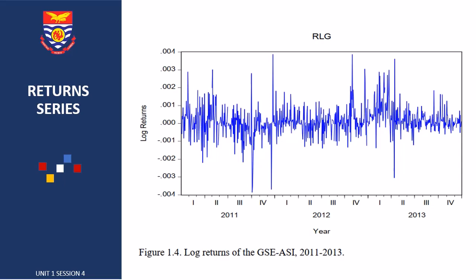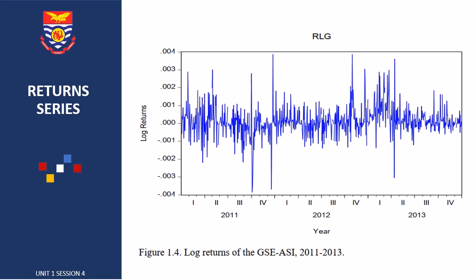So figure 1.4, as we have here, has to do with the return series of RLG. The returns start from 2011 and end at 2013, and these are the log returns. Unlike the price series that we saw, which started from 1,000 units to 2,000 units and had these constant fluctuations, the return series, as we see in figure 1.4, does not possess such a quality.